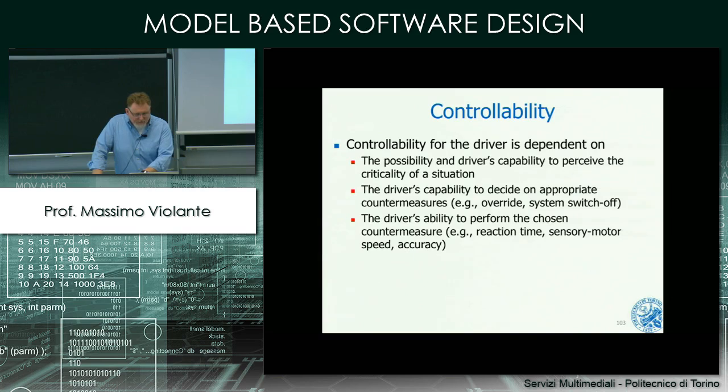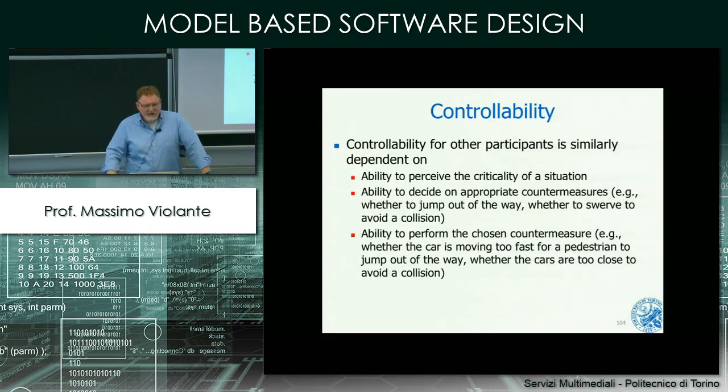So the controllability for the driver depends on the possibility and capability of the driver to perceive the critical situation and the capability to put at work promptly correction action. Do we perceive that there is an obstacle incoming? Are we able to stop the car to avoid it? Are we able to complete the maneuver fast enough to avoid it?